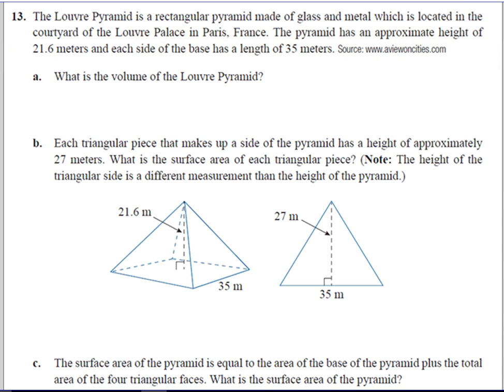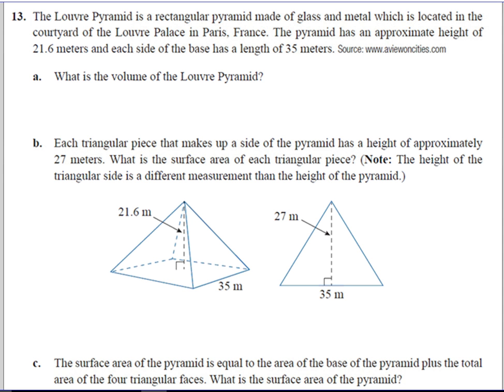So for our last one, the Louvre pyramid is a rectangular pyramid made of glass and metal, which is located in the courtyard above the Louvre Palace in Paris, France. The pyramid has an approximate height of 21.6 meters, and each side of the base has a length of 35 meters.